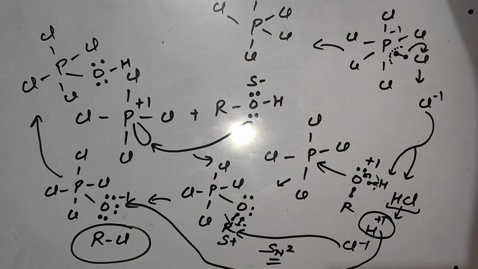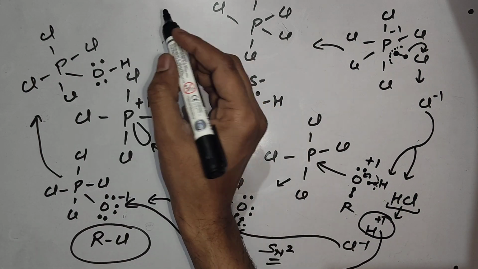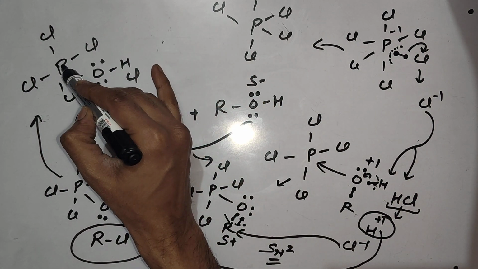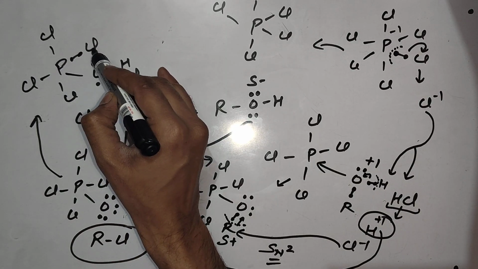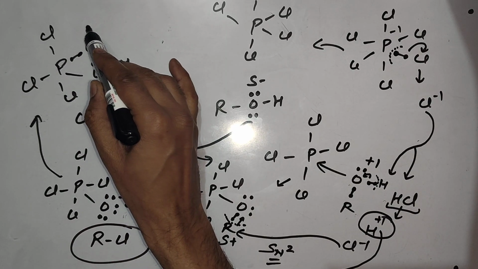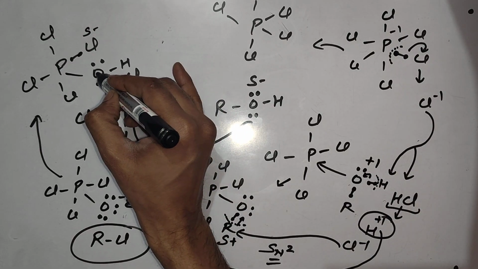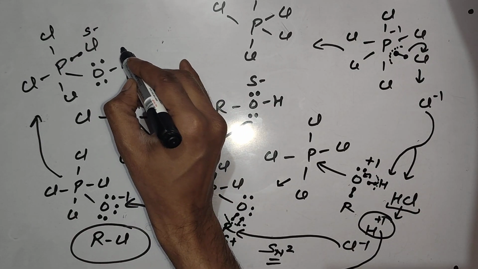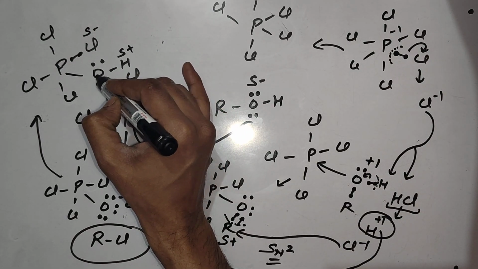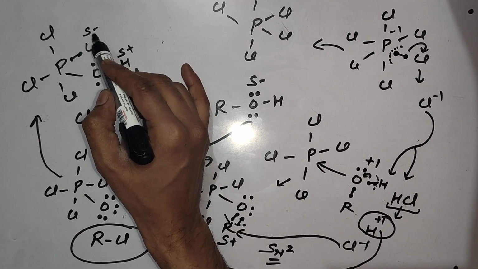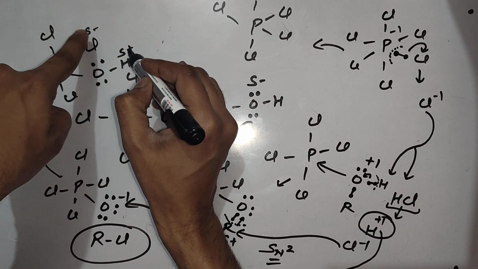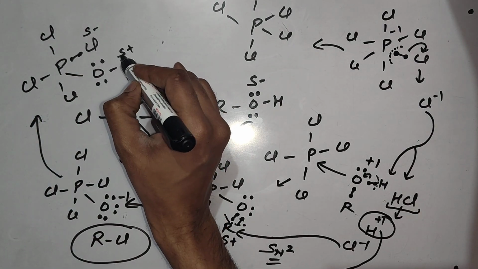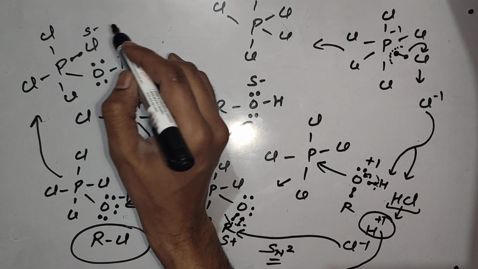Now what will happen next? As we know, of phosphorus and chlorine, the electronegativity of chlorine is more. So chlorine has partial negative charge, and of oxygen and hydrogen, hydrogen has partial positive charge due to the higher electronegativity of oxygen. Now because the particles are very close to each other, positive negative interaction will happen over there, and they will start making bond with each other.